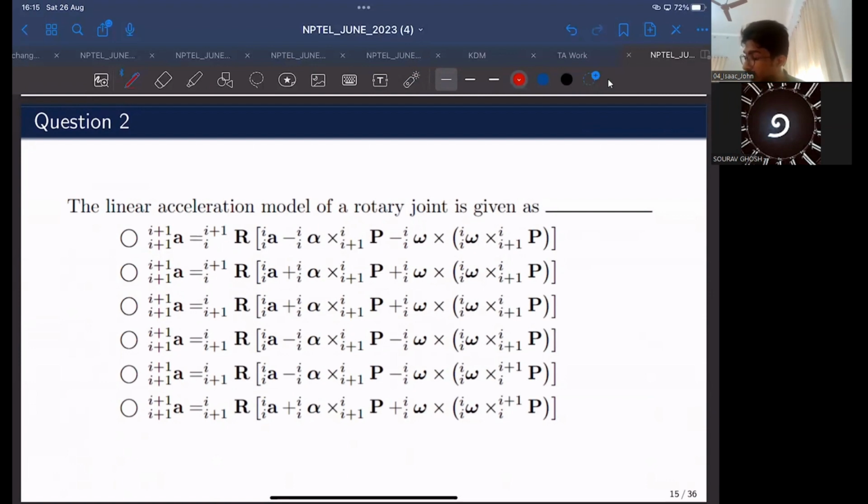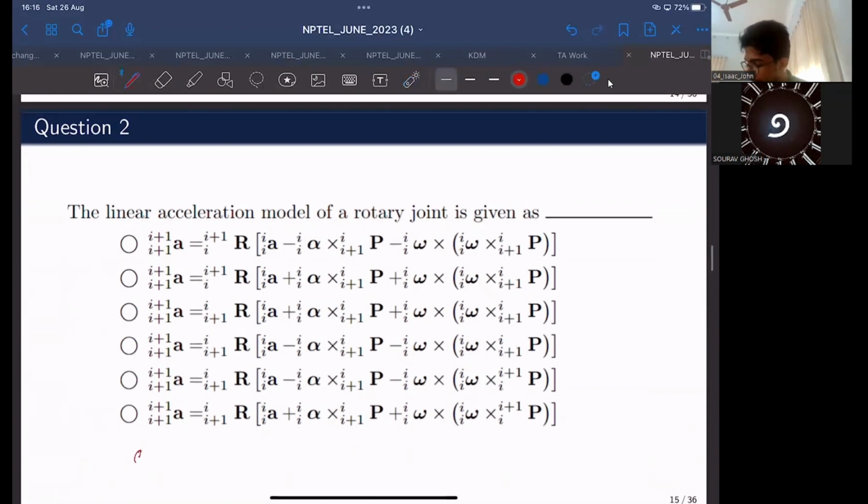So it says the linear acceleration of a rotary joint. Like if the I+1 joint is a rotary joint, how would the accelerations be propagated from the ith joint to the I+1 joint? So we need to find the acceleration of the I+1 joint. We have the ith joint. This is how we propagate.